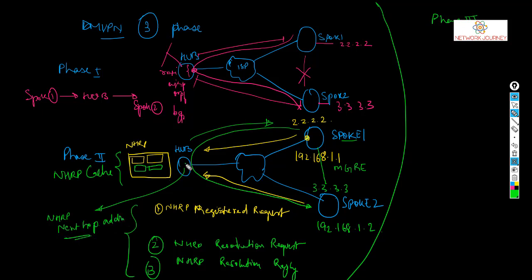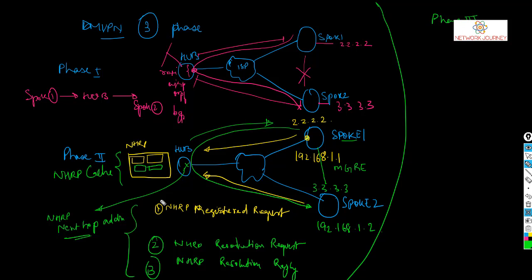If this fails, there is no way we know who the next spoke is. We do not know the next spoke IP resolution, right? So we depend on the next hop. In the case of phase 3, we are excluding all these dependencies. We are not going to make use of the next hop.